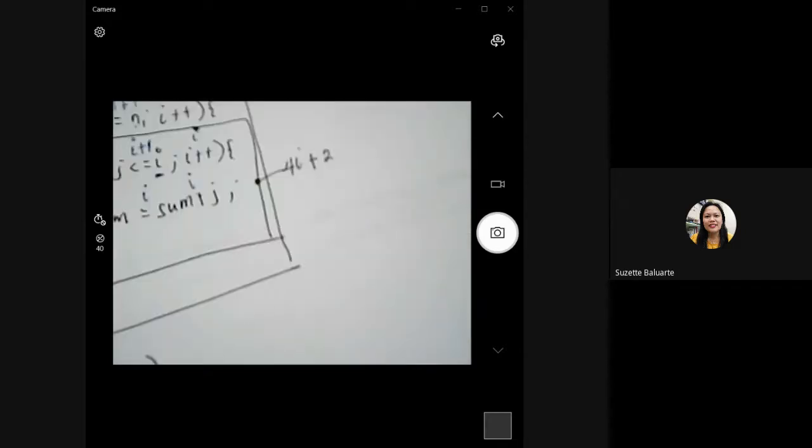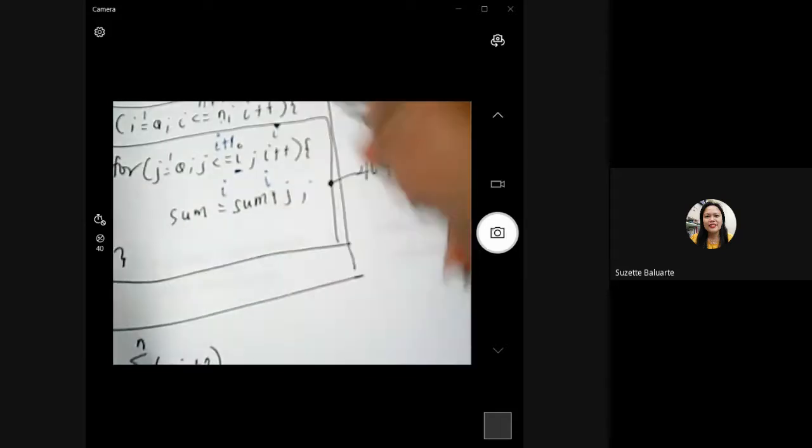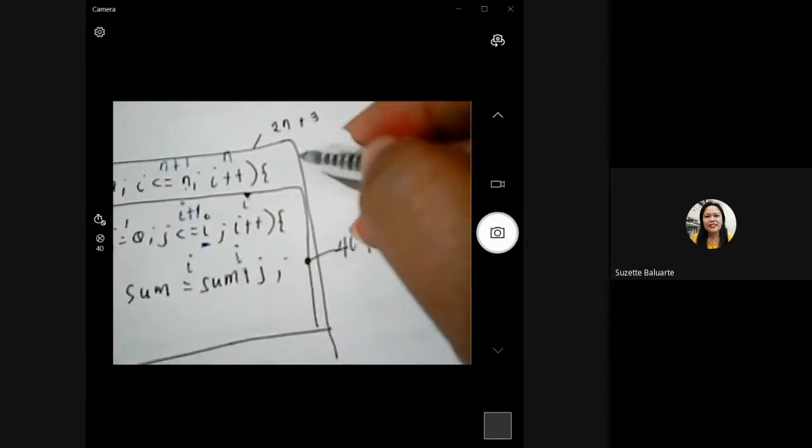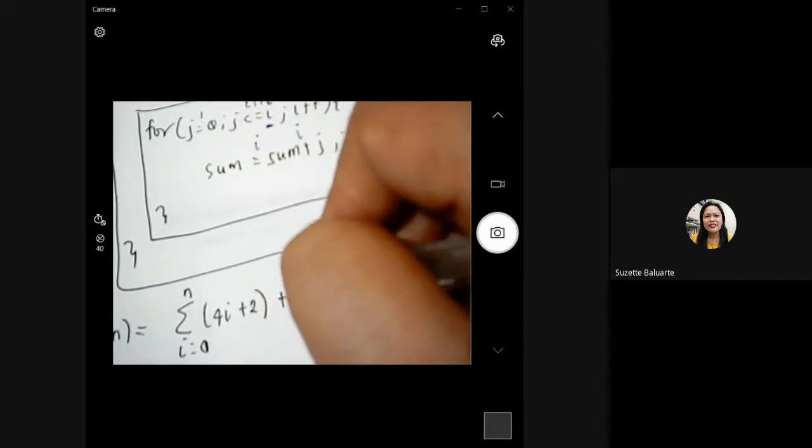As I have said, there is no shortcut. Dapat you have the source. Where did you get that certain number? Okay, then this one is 2n plus 3. That is your outer loop.